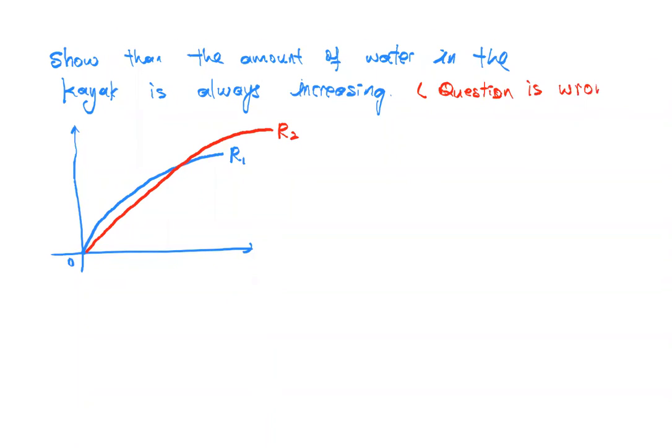Okay, you explain why. You find the point of intersection, please. 16.1. Okay. So you say question is wrong because, for t between 0 and 16.1, R1(t) is greater than R2(t).